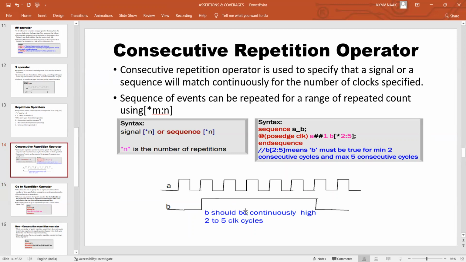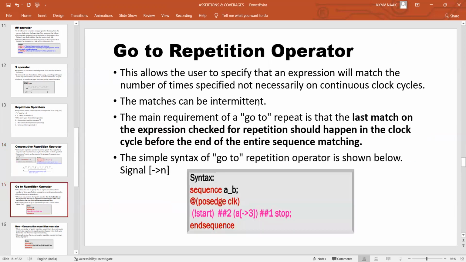It can be intermittent: for an initial 2 clock cycles it will be high, and after some time again it will be high. So an expression will match the number of times specified, not necessarily on continuous clock cycles. Continuity is not mandatory for the go-to repetition operator. The matches can be intermittent.